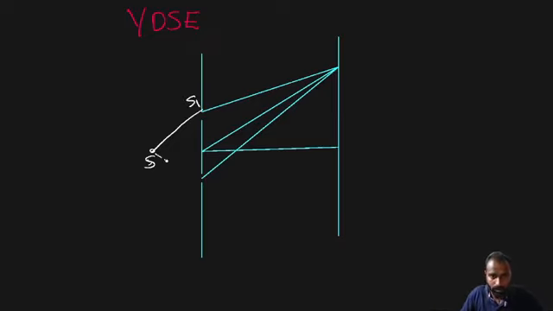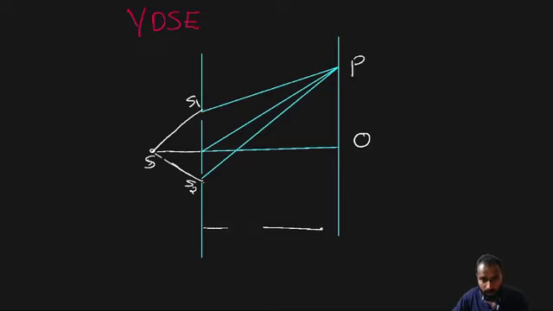Similarly, a light ray can reach here. This is my S2. S1 and S2. This is my observing point P. This is my center point O. And the distance between the slits and the screen is represented with capital D.